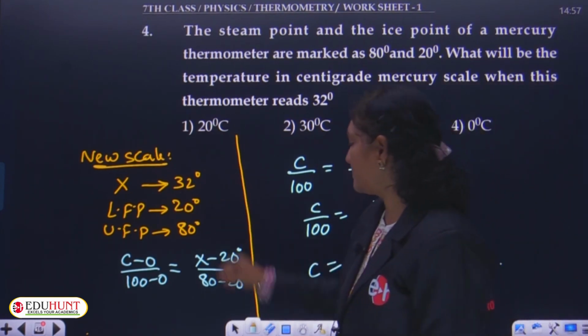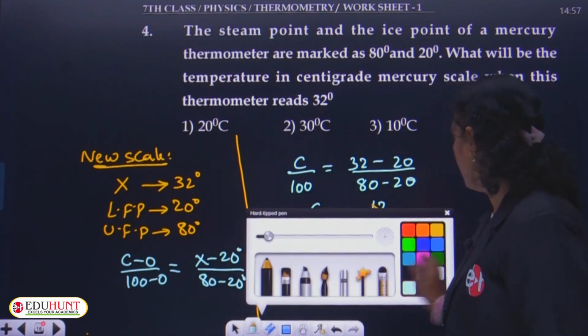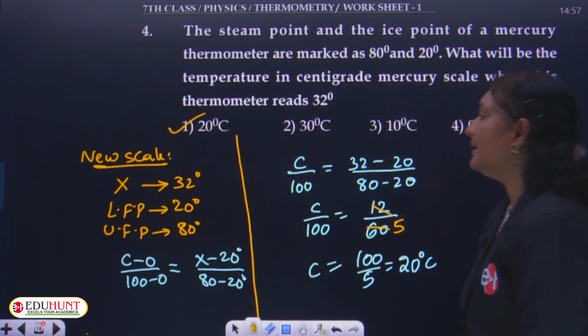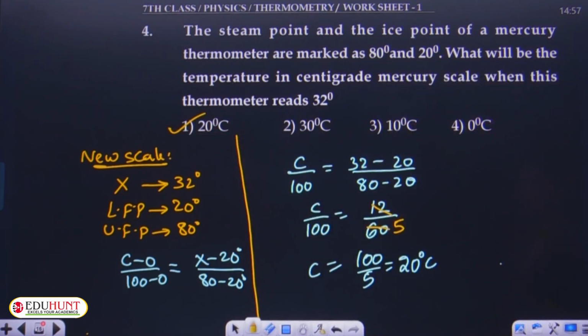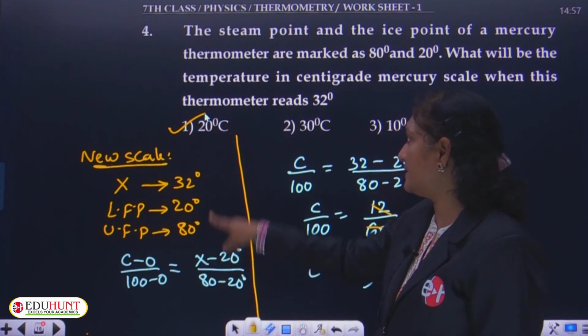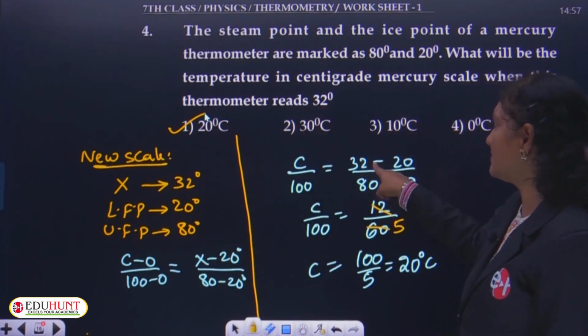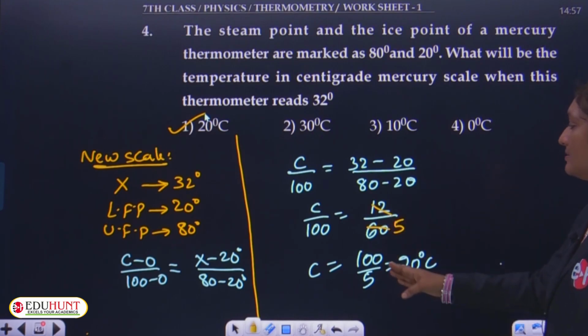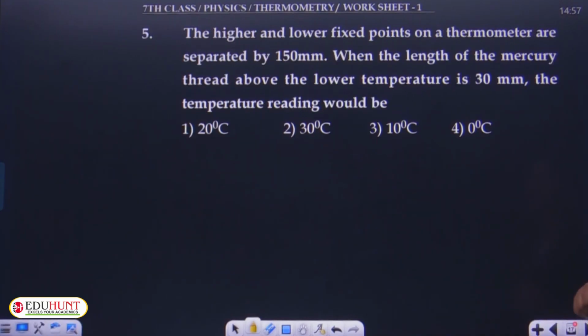Hence, the correct option is option 1, that is 20 degrees Celsius. Okay, children. So, this is a new scale. That new scale thermometric reading I named x, and the value of x is given as 32. Substituting all other values, you got the value of the centigrade scale as 20 degrees Celsius.